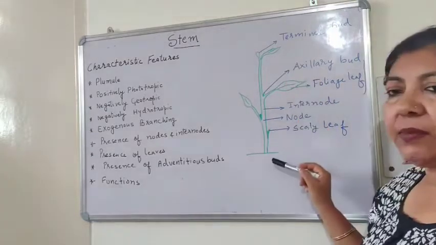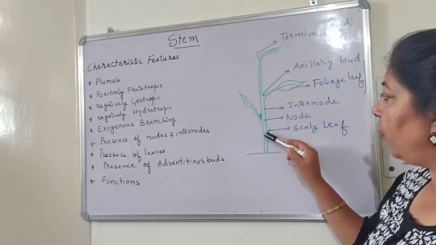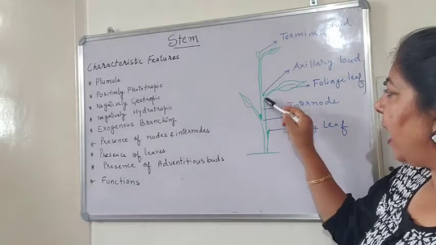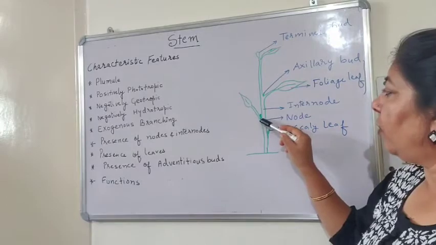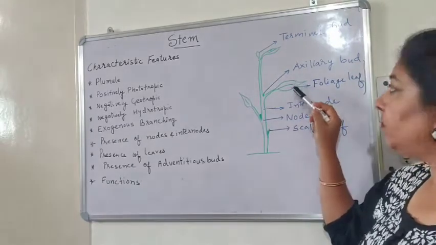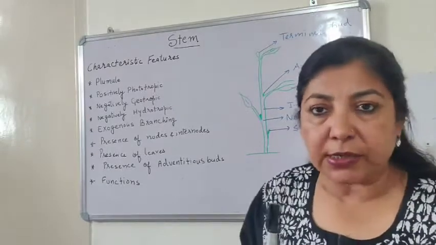So this is a typical plant having a stem. Stem has got nodes, and this part is internode. Then at the node the leaves will arise. Then there can be two types of buds.